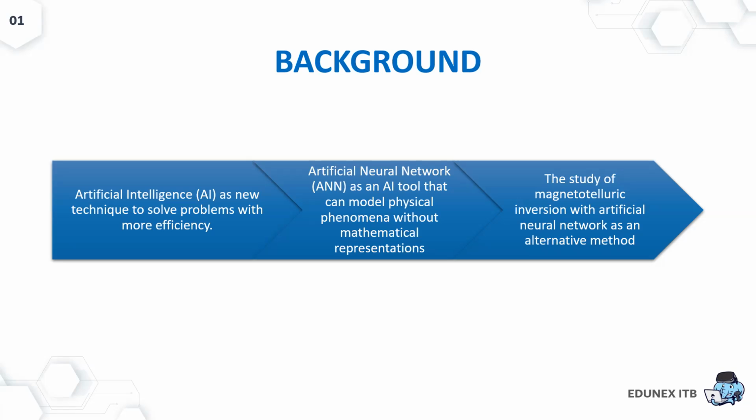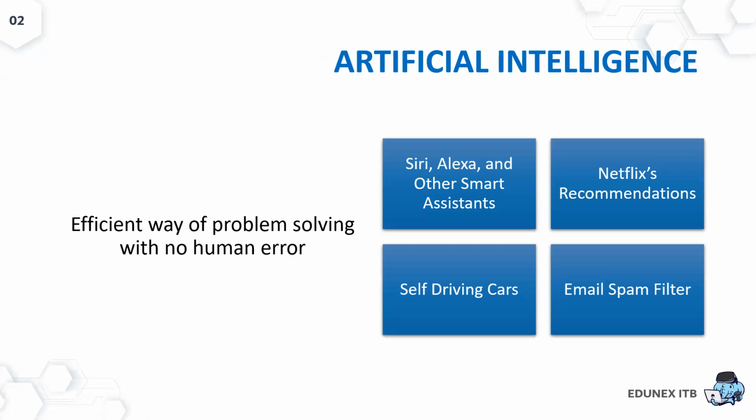From artificial neural network, I'm going to study magnetotelluric inversion as an alternative method, in the hope that we can make the inversion faster by calculating the impedance. Artificial neural network is a really popular, trending topic right now, with a wide variety of applications like smart assistants, social media recommendations, self-driving cars, and email spam filters.